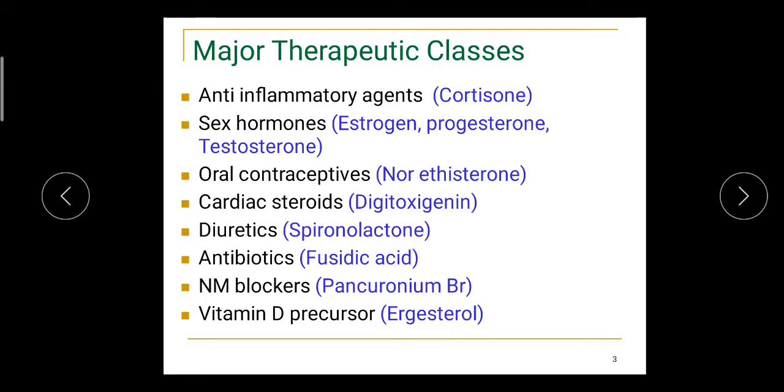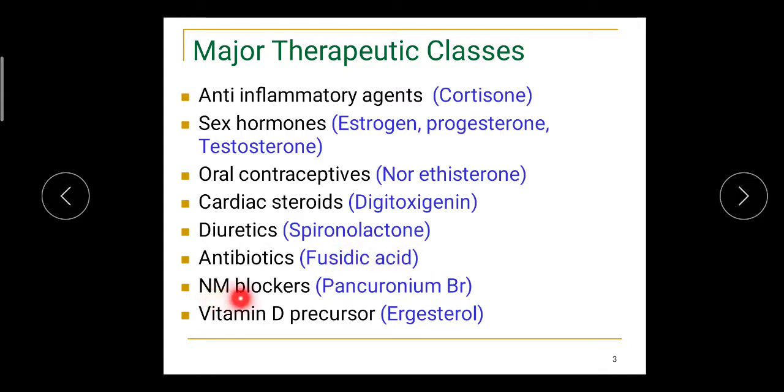Then cardiac steroids, which we have seen earlier, for example digitoxigenin. Then diuretics, which we also covered in diuretics, for example spironolactone. Next, an antibiotic having a steroidal nucleus, the example is fusidic acid.